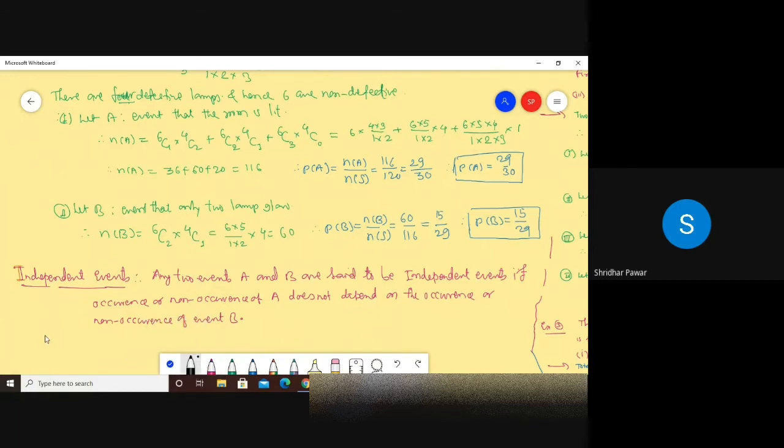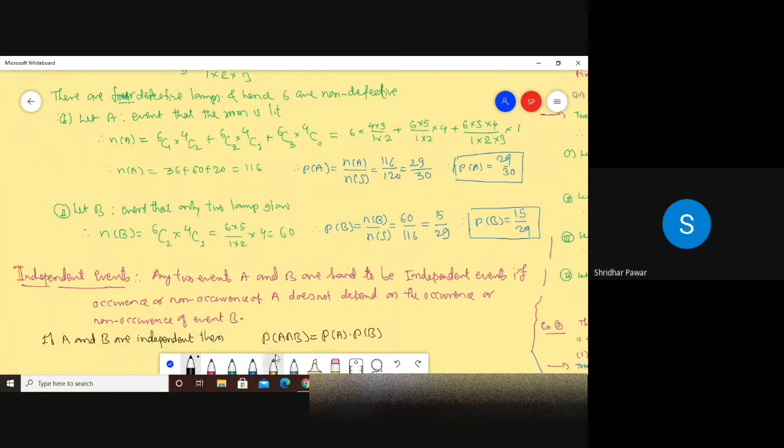Okay, now see a very important result. So if A and B are independent, then what is the probability of A intersection B? So see, any two events are independent actually if and only if P of A intersection B is equal to P of A into P of B. This is the important criterion for independent events.